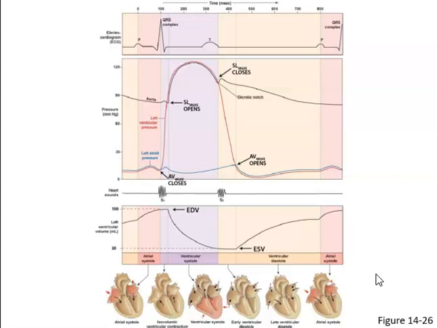We know that it takes less pressure for the right ventricle to push blood to the lungs versus the left ventricle that needs more pressure to pump blood through the aorta to the rest of the body. Despite these pressure differences, the same amount of blood is being pumped by the two ventricles.